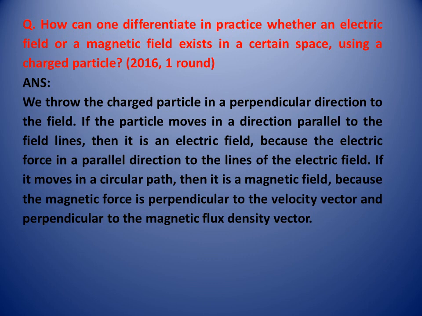If the particle moves in a direction parallel to the field lines, that means there is an electric field in this case, because the electric force is in a direction parallel to the lines of the electric field. But if it moves in a circular path, that means a magnetic field, because the magnetic force is perpendicular to the velocity vector and perpendicular to the magnetic flux density vector.